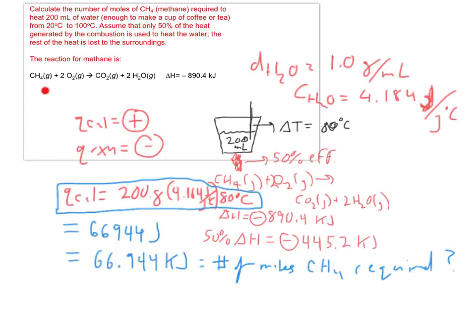Per 1 mole of methane, you get this many kilojoules of energy normally, but again, referring to earlier, we're only getting half of that, because half of the heat goes to the water, the other half is billowing out to the sides, like if you were normally boiling water.